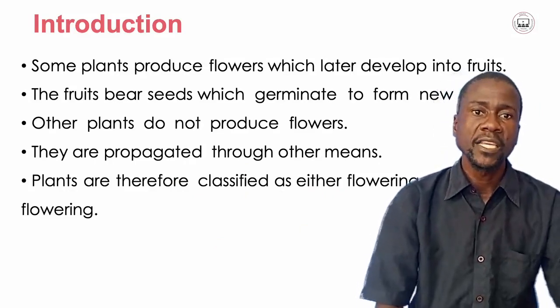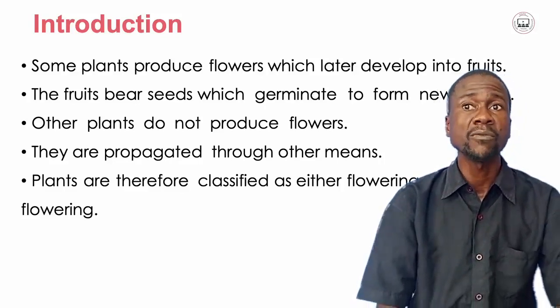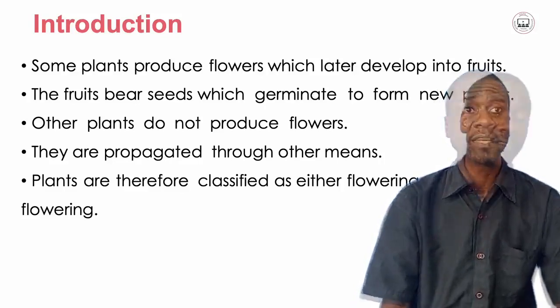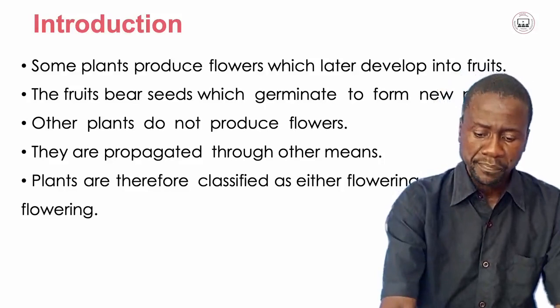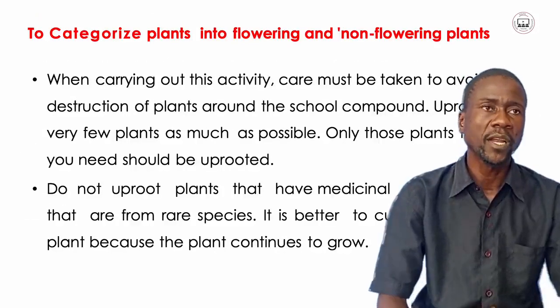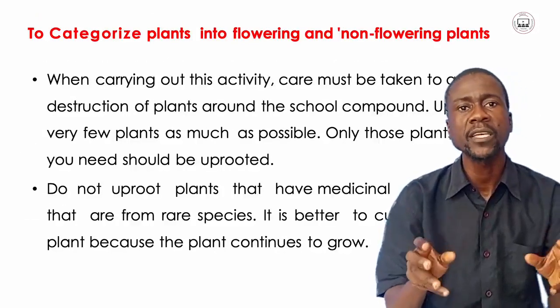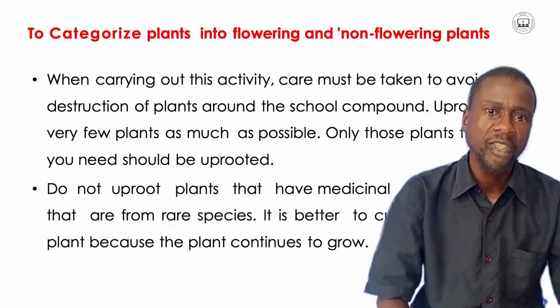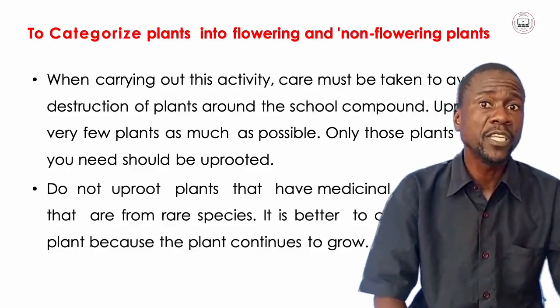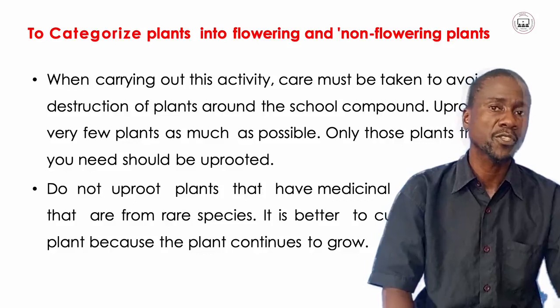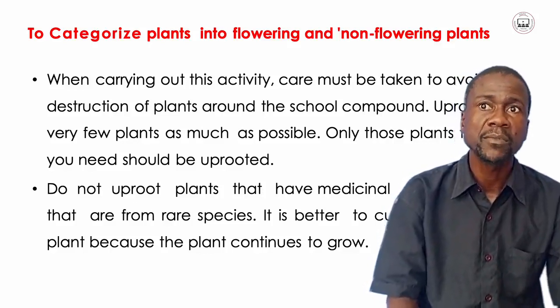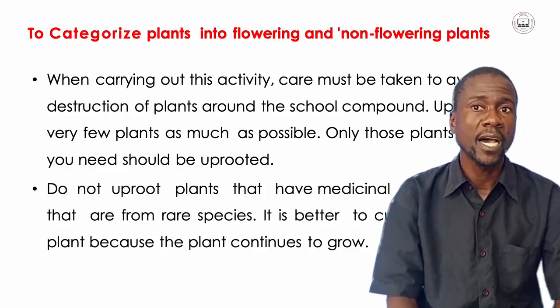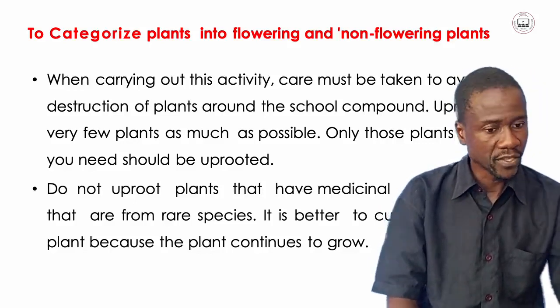These plants are found in our everyday environment, but to categorize plants into flowering and non-flowering plants, some of you will need to go into your school environment and get some specimens to use to make the differences.